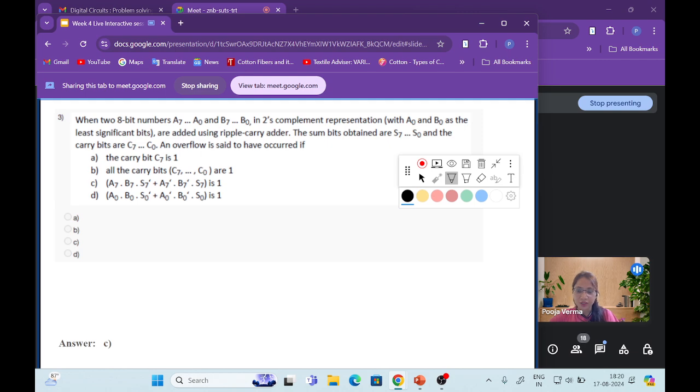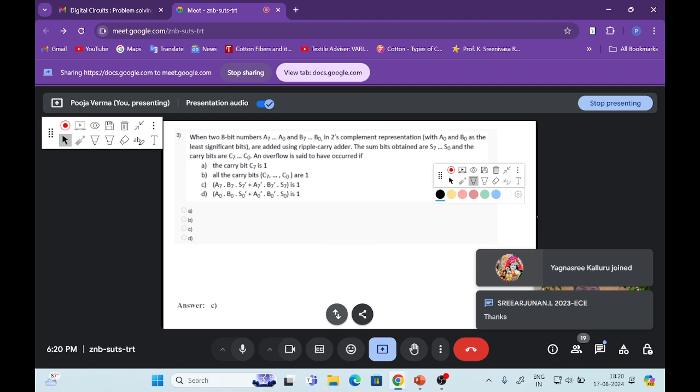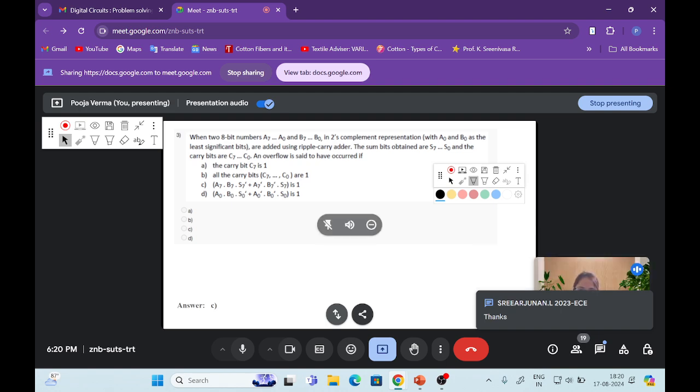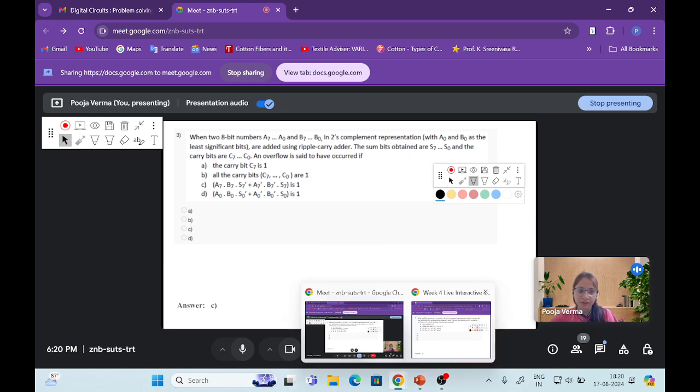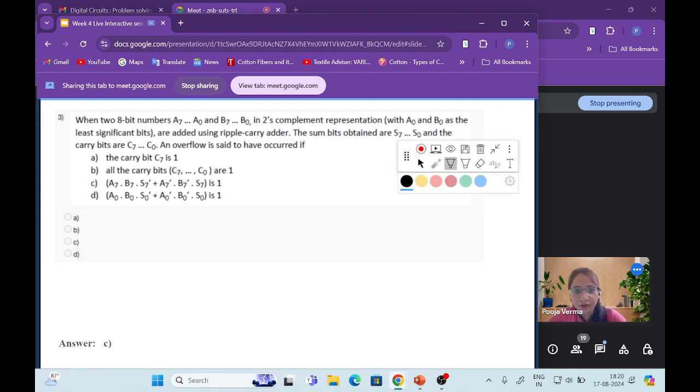When two 8-bit numbers A7 to A0 and B7 to B0 in 2's complement representation are added using a ripple carry adder, you have seen that in a ripple carry adder, full adders are connected, and the two bits are given to each.